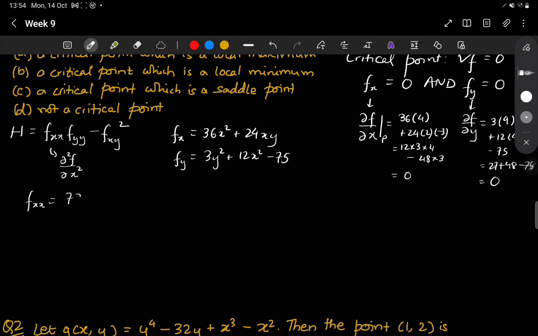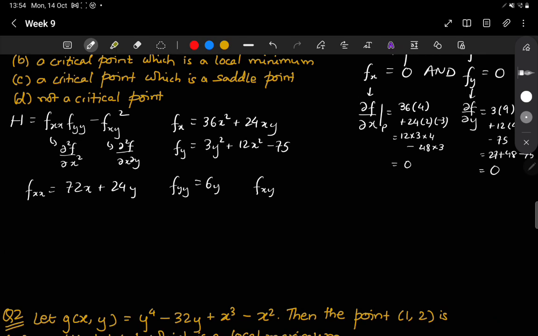So this becomes 72x plus 24y, and then fyy becomes 6y, and fxy is basically del squared f over del x del y.